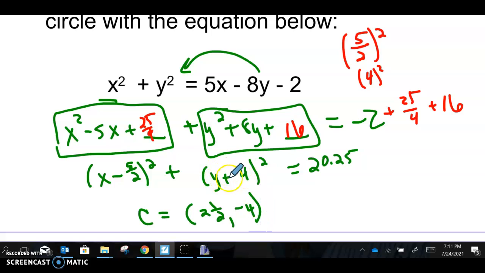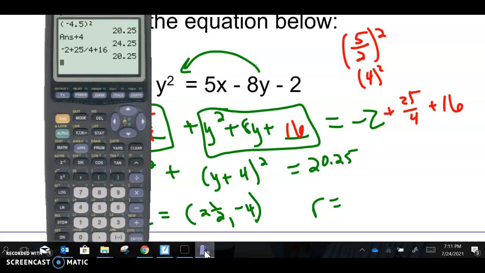Okay, because this must be y minus -4. The radius is whatever the square root of 20.25 is. Square root of 20.25 is 4.5.